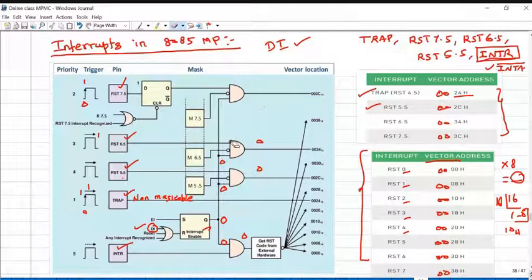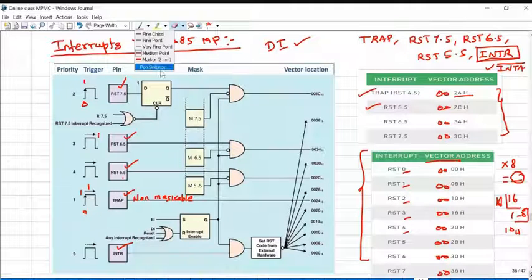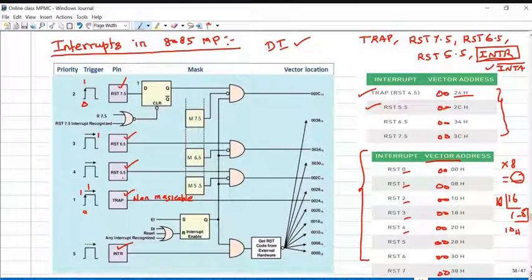Similarly, we have one more instruction called enable interrupt, EI. When we execute enable interrupt, we are enabling all the interrupts. If this particular pin is high, it sets the flip flop.